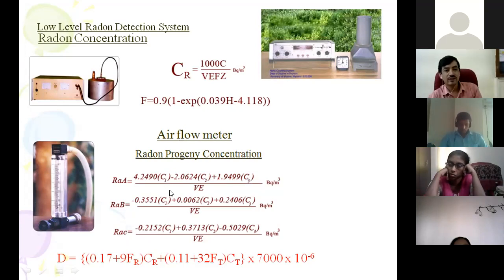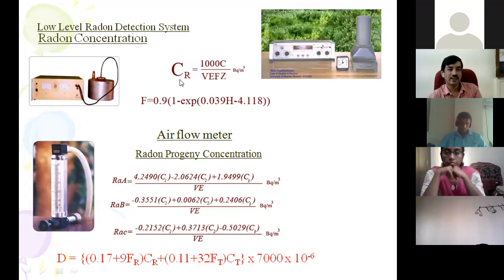During these three intervals of time, the progeny alpha particles can be counted, and that information can be used to get the concentration of the individual radioactive elements, radium A, B, and C.